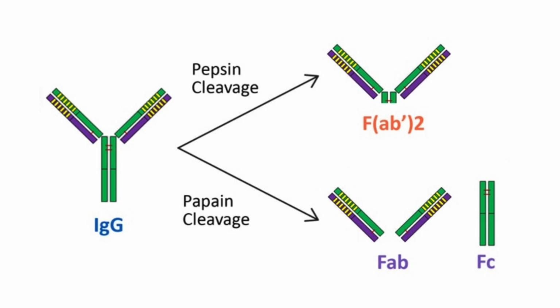And so, guys, how does this process work? So, the cleavage by papain: papain is a proteolytic enzyme and it cuts the IgG molecule above the hinge region.